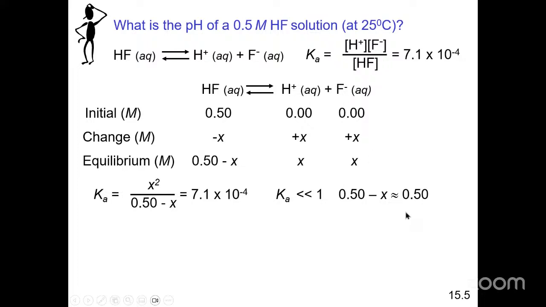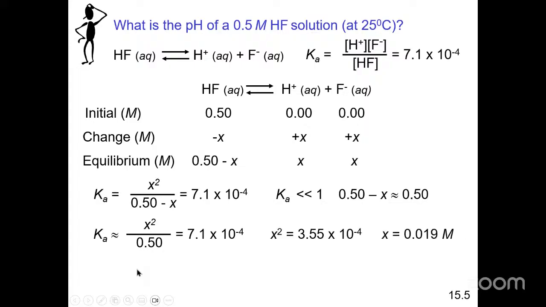And that simplifies things a bit, because you're going to end up with 0.50 alone here, since the X will be dropped. Therefore, when you solve for X, all you have to do is cross multiply by 0.5 and then find the square root, and you're going to end up with X being equal to 0.019.